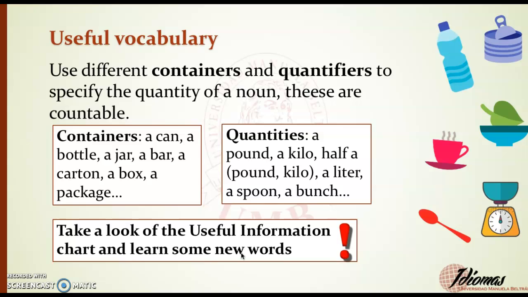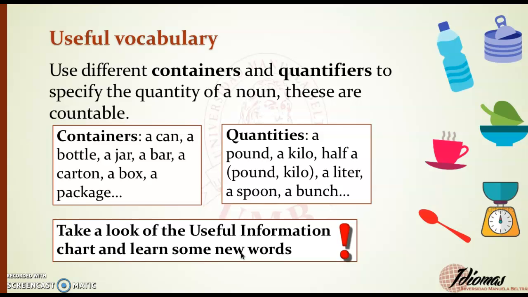Now, take into account this. Use different containers and quantifiers to specify the quantity of a noun. These are countable. Yes. Aunque existen sustantivos que son incontables, los elementos que las contienen sí son contables.